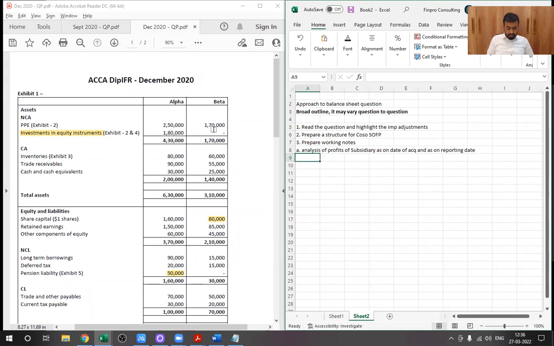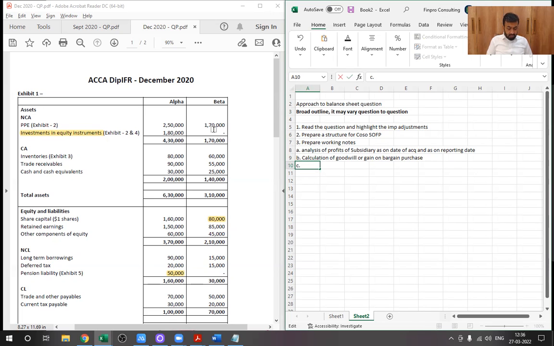Then second, calculation of goodwill. In any question that comes on the balance sheet, you will have to do this calculation, goodwill or gain on bargain purchase.